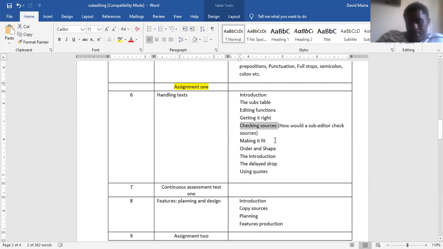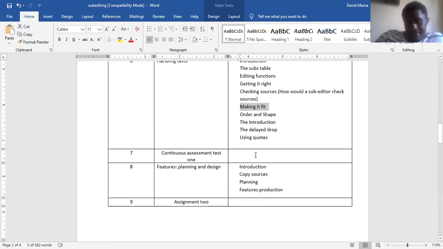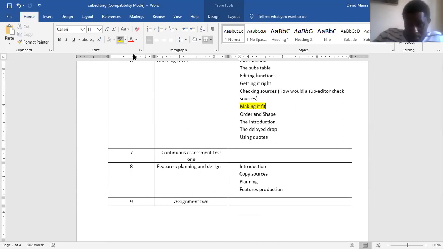So we are going to look at how you make your story fit to the point that you want it to. How do you make it fit? Maybe the message that you want to communicate, in short. And then you're going to look at how you order and shape your newspaper.